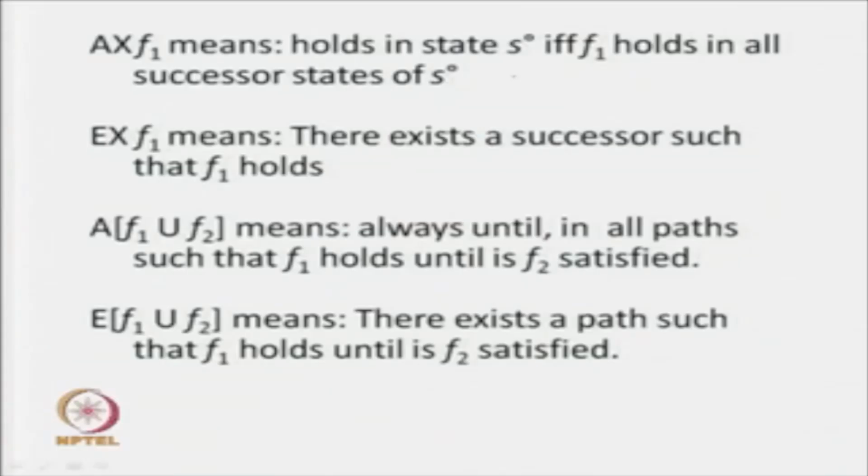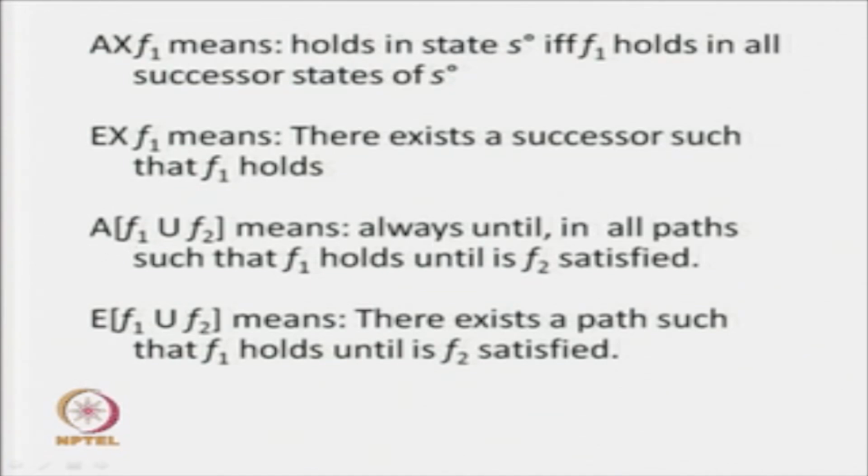That means AX F1 holds in a state S0 if F1 holds in all successor states of S0. Similarly, EX F1 means that there exists a successor such that F1 holds. The state has several possibilities in the future, but we are concerned about a particular direction. If F1 holds in the next state along it, then we can say that EX F1 holds in that particular state.